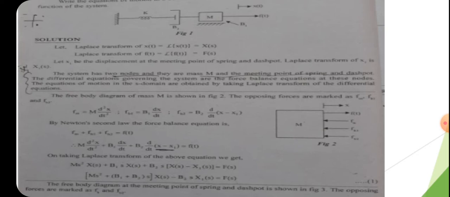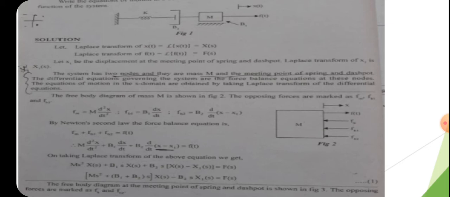In this equation, this is the differential equation. Next, we will consider the second node. There is no mass, so we can substitute m equal to 0.